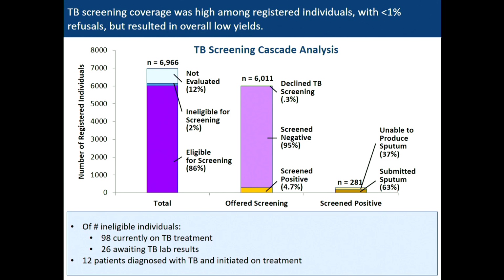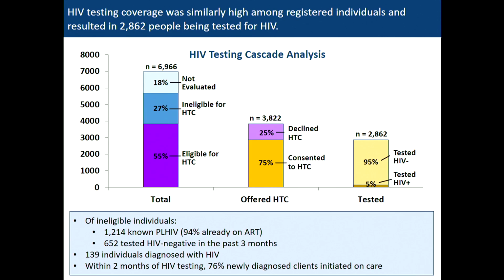On the HIV testing side, HIV testing coverage was similarly high among those who attended the events, and resulted in around 2,800 people being tested for HIV. Again, we had 27% of those registered as being ineligible for HIV testing, either because they were already diagnosed with HIV or they had been tested in the past 3 months.